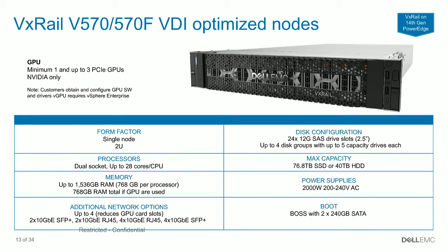For those who are familiar with VxRail, you know that the V570 or V470 13G variant is your hybrid option, and the V570F or V470F is your all-flash. We can have a minimum of 1 or up to 3 double-width PCIe GPUs. If you have 3 double-width GPUs, you wouldn't be able to have any additional PCIe cards.